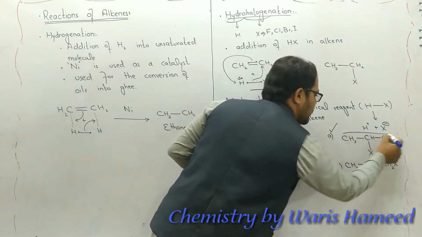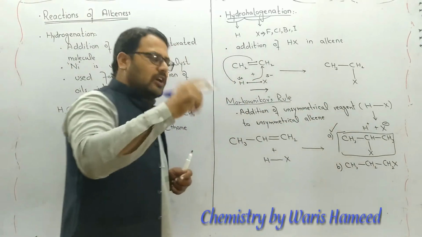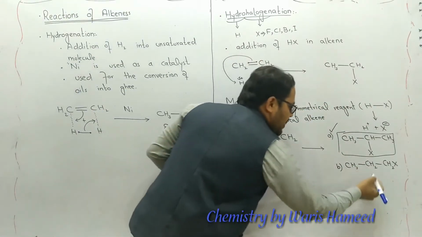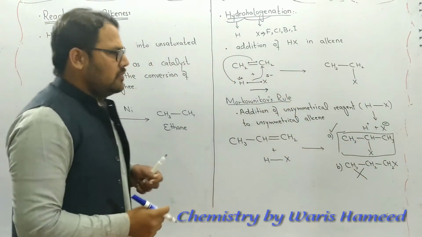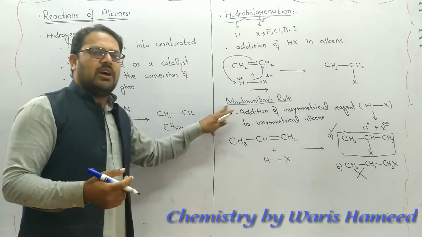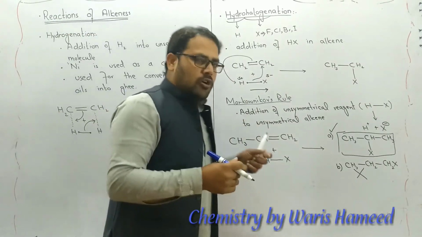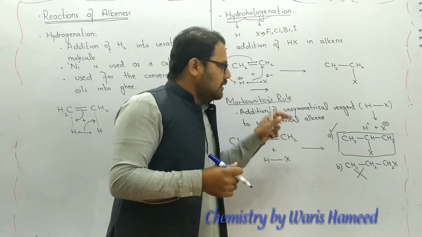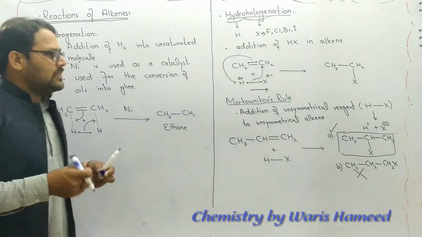So this product will form in this reaction, and it is the actual product of this reaction. 1-halopropane will not form in this reaction. If you have any question regarding Markovnikov's rule, you can ask in the comments. I hope that it's really clear to all of you. Now going toward the next reaction.